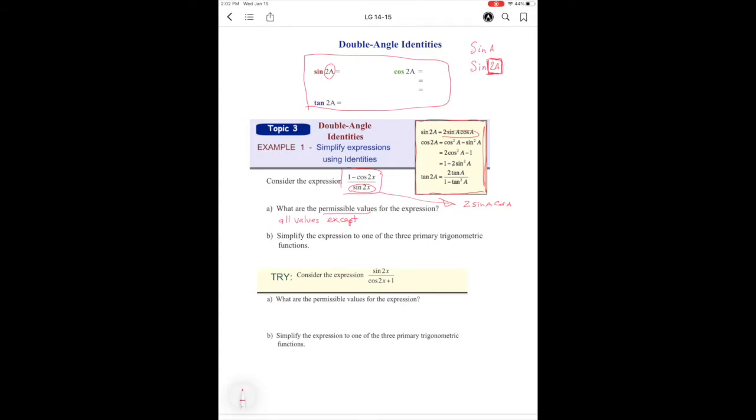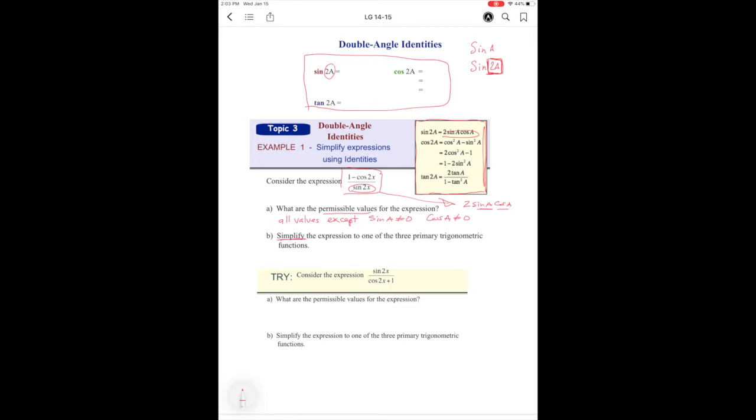So remember from before, anything on the bottom, we're going to have non-permissibles. So we're going to say everything except for sine A cannot equal 0, and cos A cannot equal 0. So we just can't have those two. Everything else is fine.